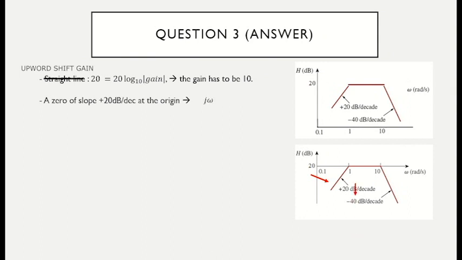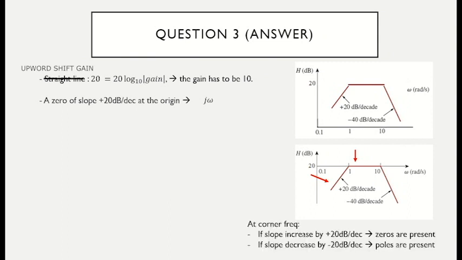Okay, now we look at the straight line here. One rule that comes in handy in deriving transfer function from Bode plot is, when you see at the corner frequency, if the slope increases by plus 20 dB per decade, you know that there are zeros present in the transfer function.